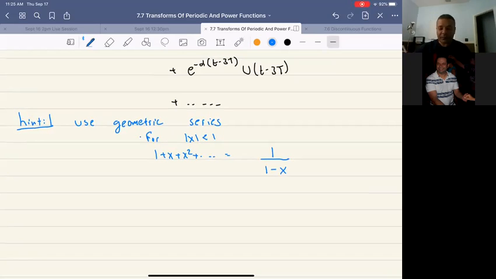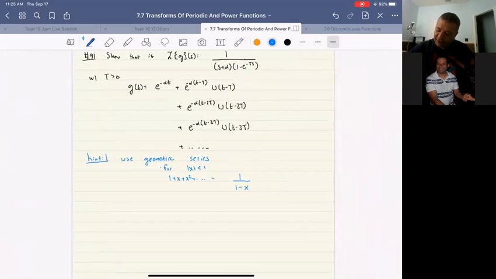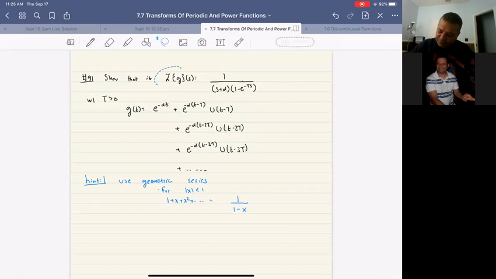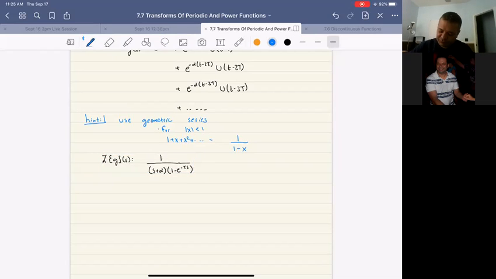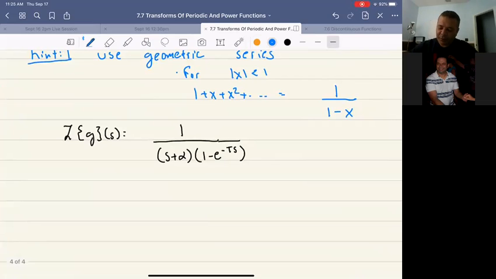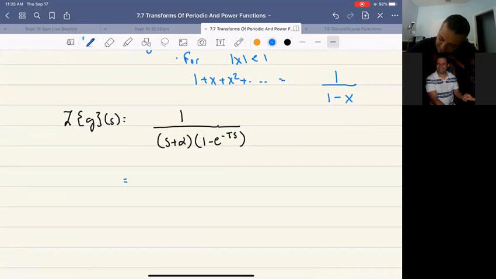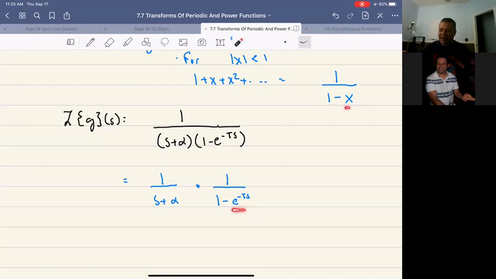So how are we going to get there? Let's start with our original. So this is our Laplace transform. I'm going to write this as 1 over s plus alpha times 1 over 1 minus e to the negative ts. And now that I've written it, I've sort of given it away. This thing is your x.